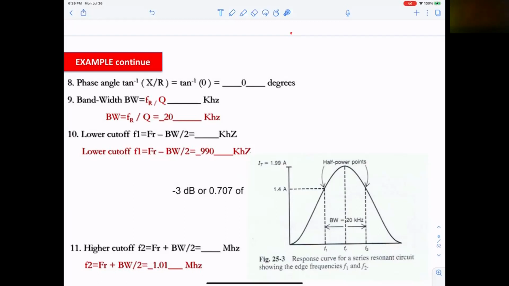One side you get 990, the other side you get 1.01. That is the answer. That's all the calculation when you have to deal with the series resonance.